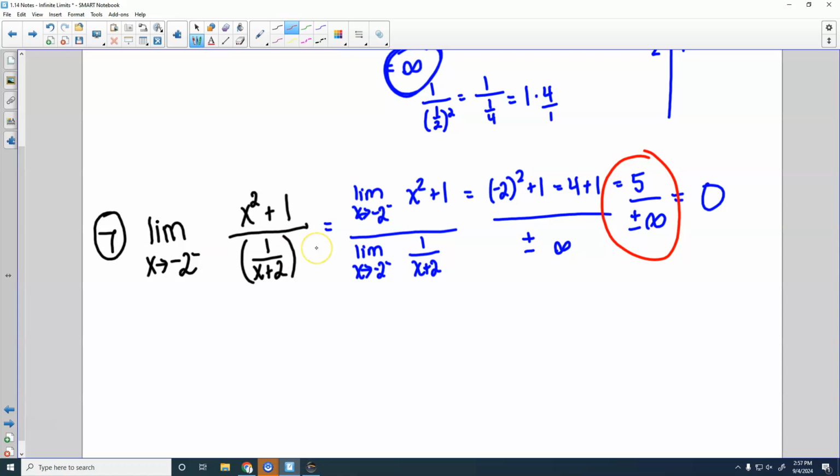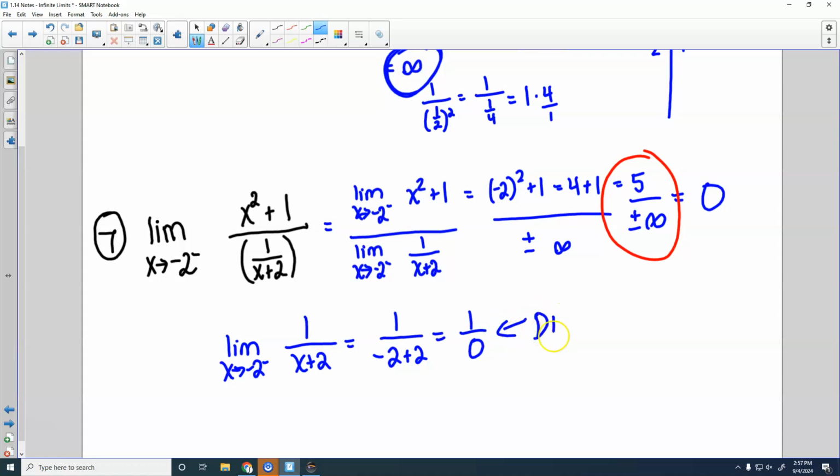There's 2 ways that your limit can fail by doing direct substitution. In this case, when we do the limit as x approaches -2 from the left of 1 over x plus 2, we would get 1 over -2 plus 2, which is 1 over 0.